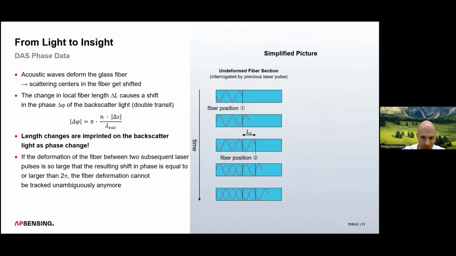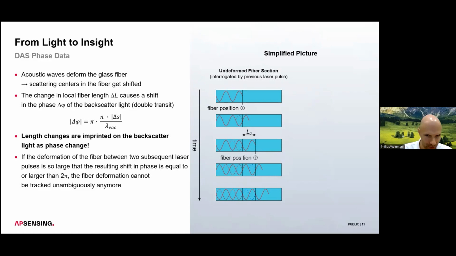So we are now observing two backscatter signals, the red dashed curve and the blue dashed curve. And as time elapses, the backscatter light travels to the left side and they start to overlap with each other, which can be seen at the bottom image at fiber position 1. This is when the blue dashed curve starts to overlap with the red dashed curve.